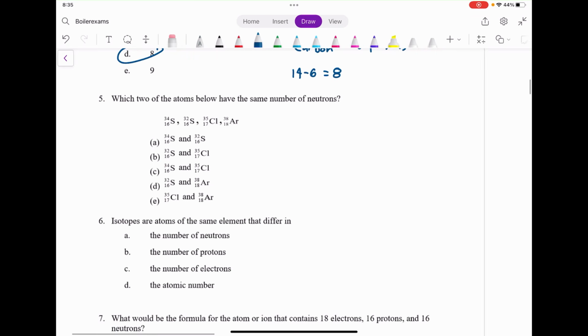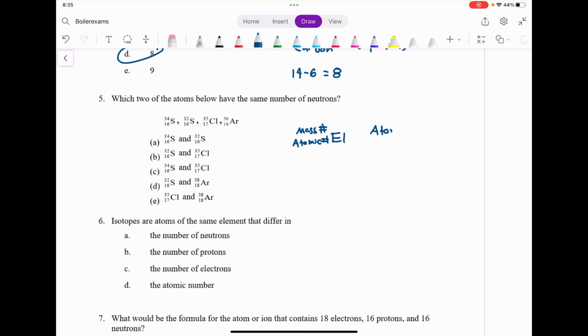4D. Which two of the atoms below have the same number of neutrons? Okay. Well, let's just solve for each one. So when we write in this notation, where EL is just some general element, this top number is the mass number, and then the bottom number is the atomic number.